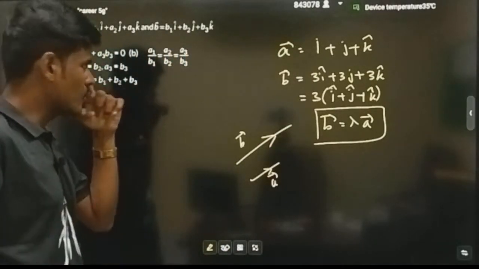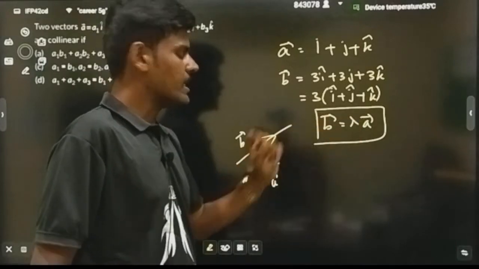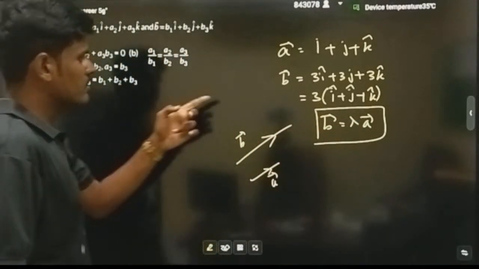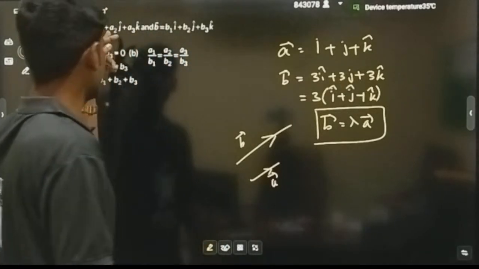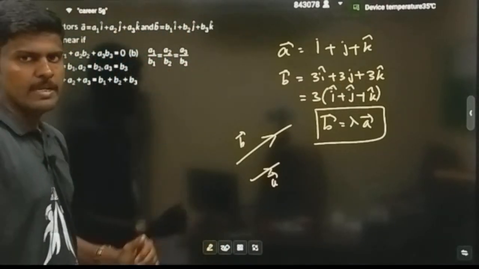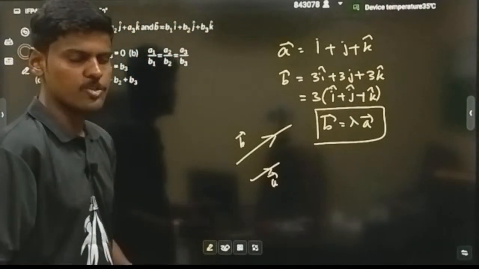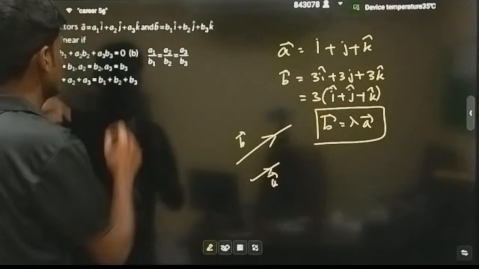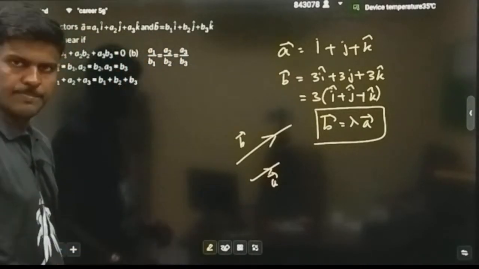So how to say if these two vectors are collinear? Then what is the condition? B vector by A vector should be some constant, or if the vectors are taken as A1, A2, A3 and B1, B2, B3, then the corresponding i j k component ratios should be proportional, yes or no? So here we will get A1 by B1 equal to A2 by B2 equal to A3 by B3.